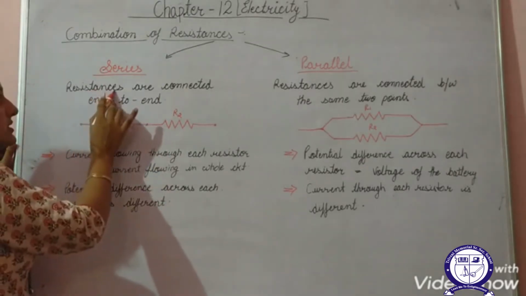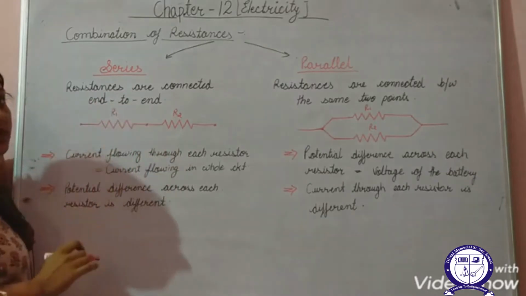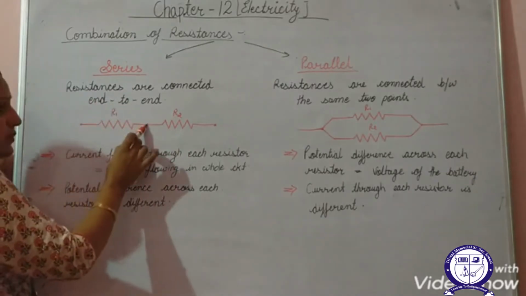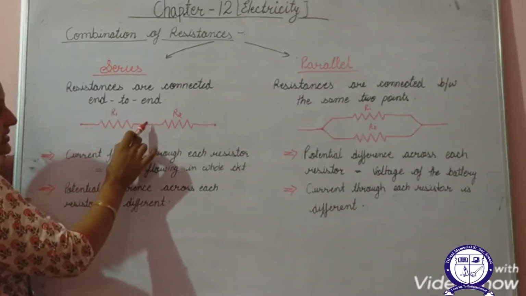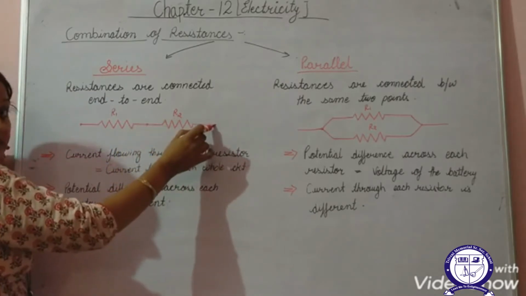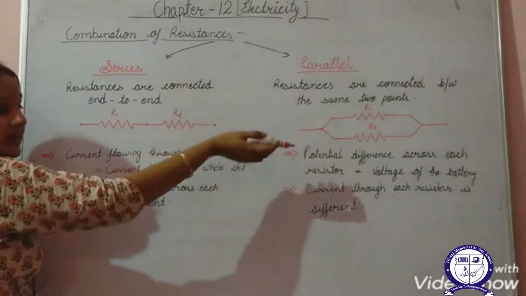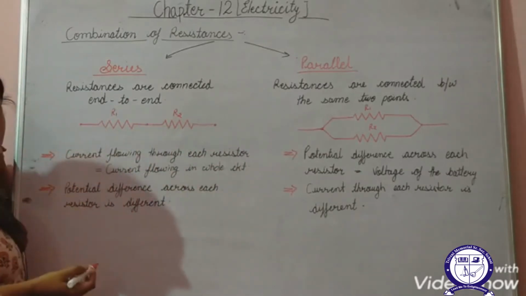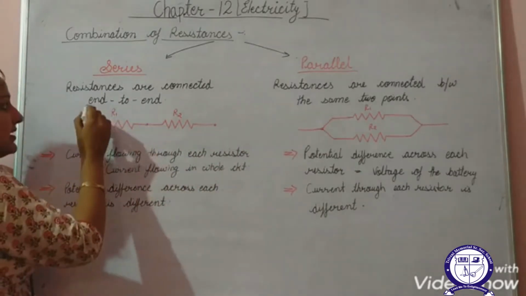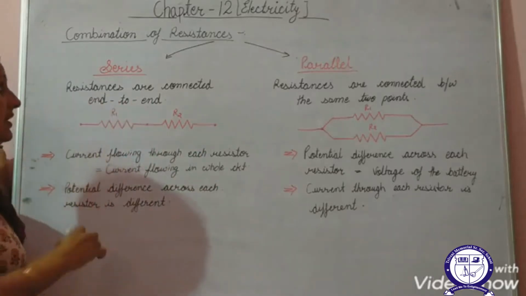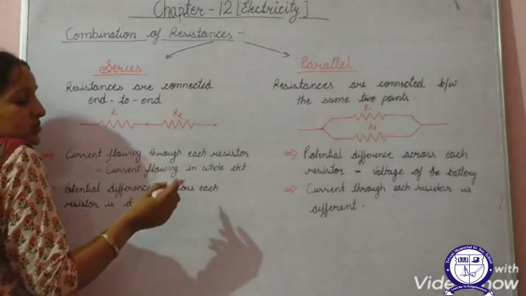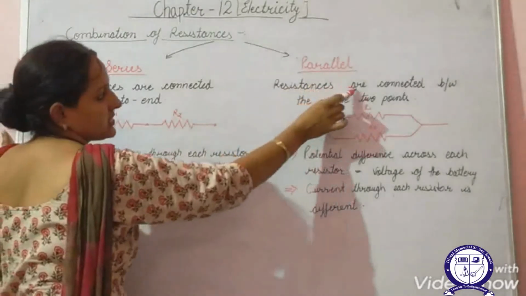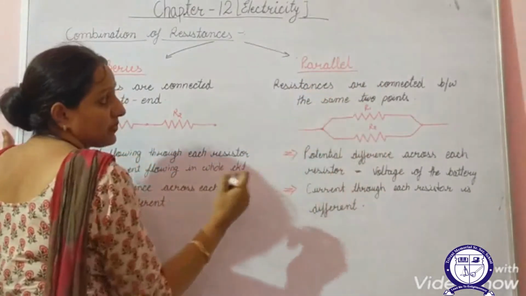When a number of resistances are connected end to end, that means if this is one resistor, and at its end you connect the other resistor, and at the end of that you again connect a third resistor, then such a combination is known as series combination. That means they are connected end to end. In parallel combination, resistances are connected between the same two points.